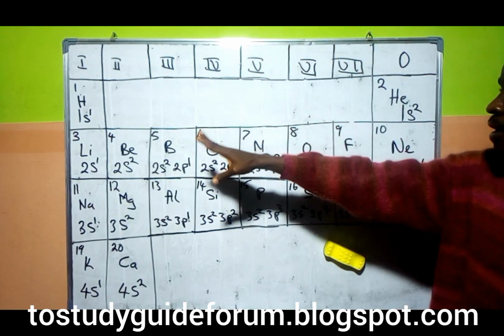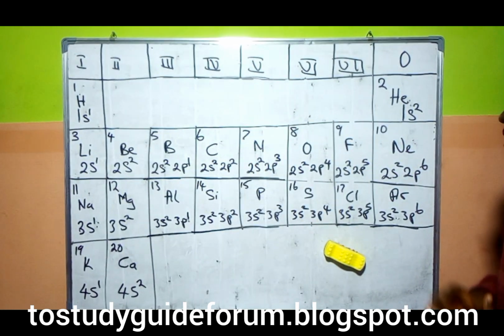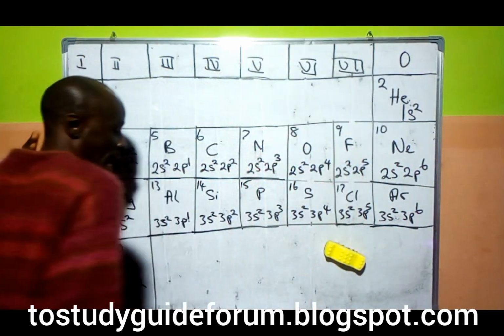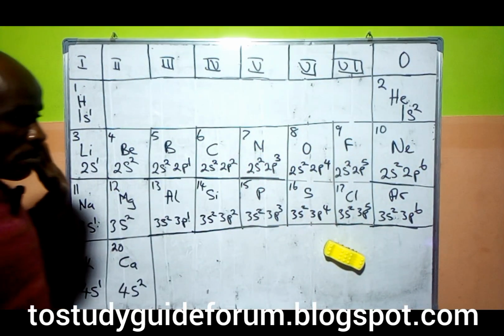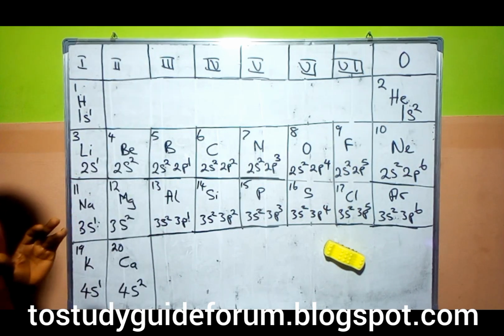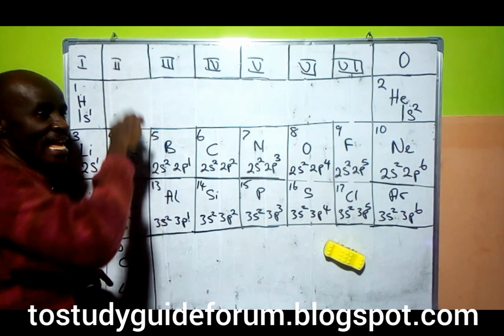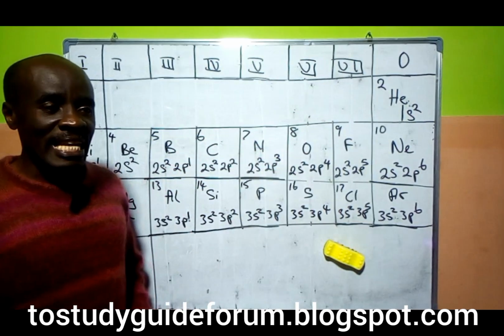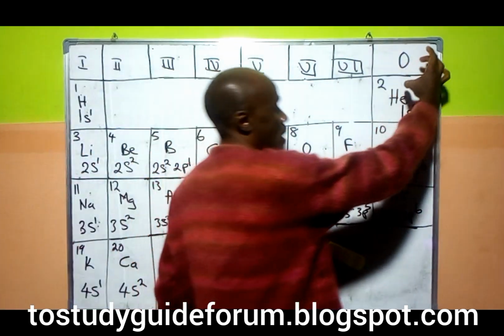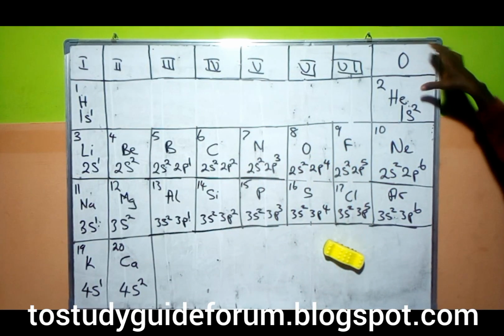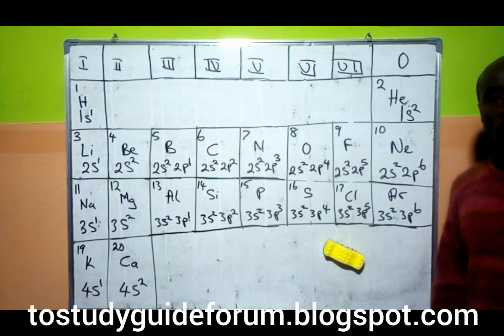These four groups show a lot of similarities. Group one is called the alkali metals, group two has the family name alkaline earth metals, group seven is the halogens, and the zero or eighth group is called the noble gases.